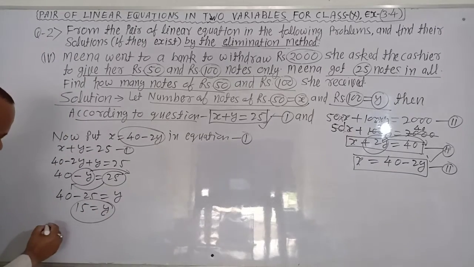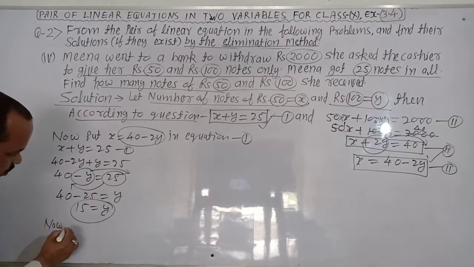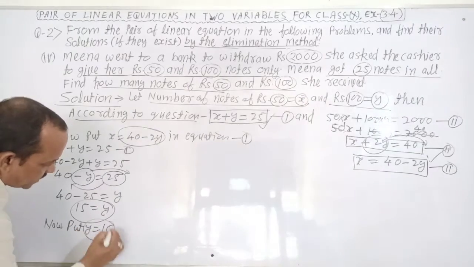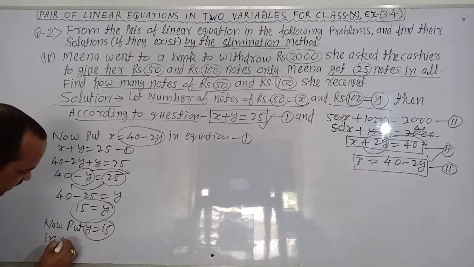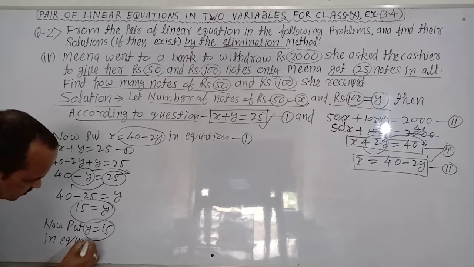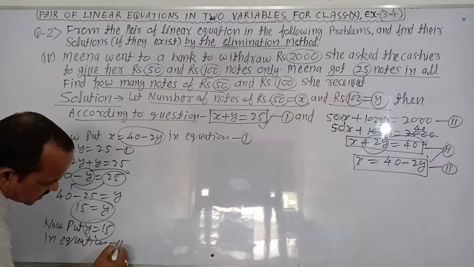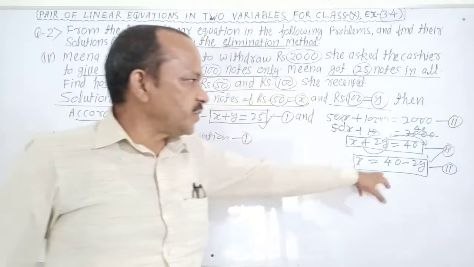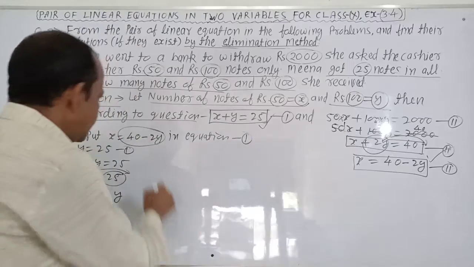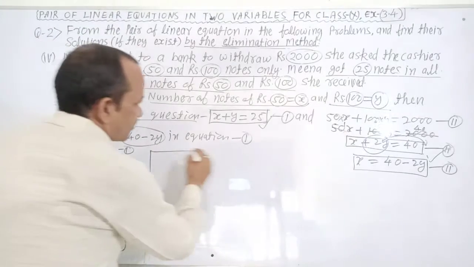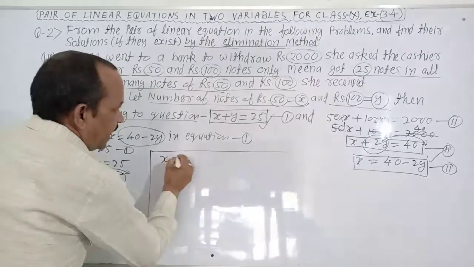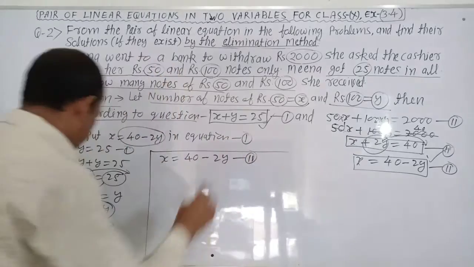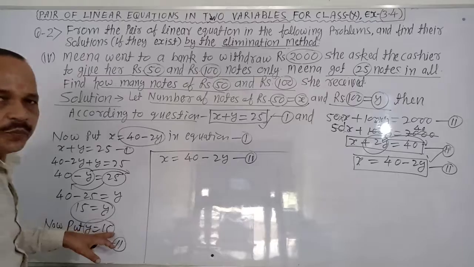Now put y equal to 15 in equation second. x equal to 40 minus 2y, equation second, put y equal to 15.